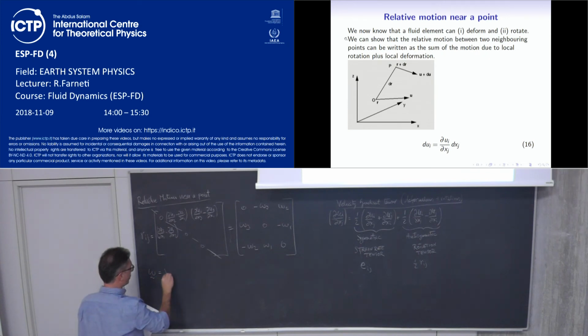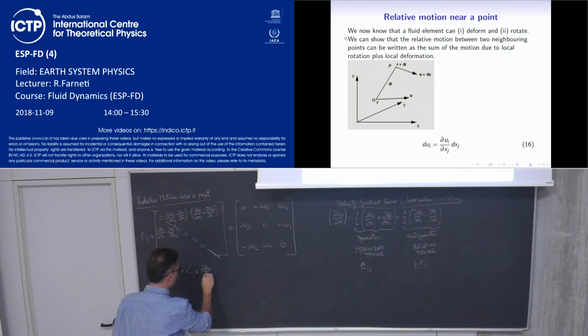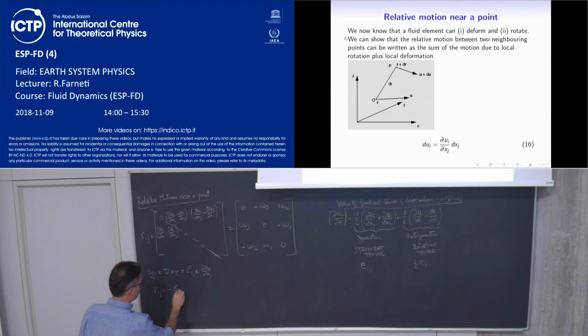You can show that this can be written with the alternating tensor like this. That's my vorticity. And so the rotation tensor, if you play a little bit with the tensor, is minus the alternating tensor and the vorticity vector. Okay.